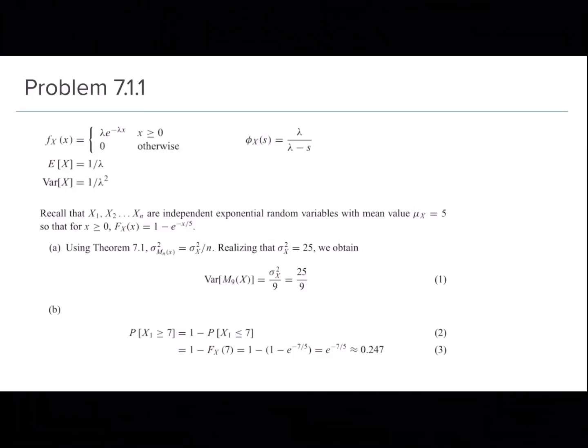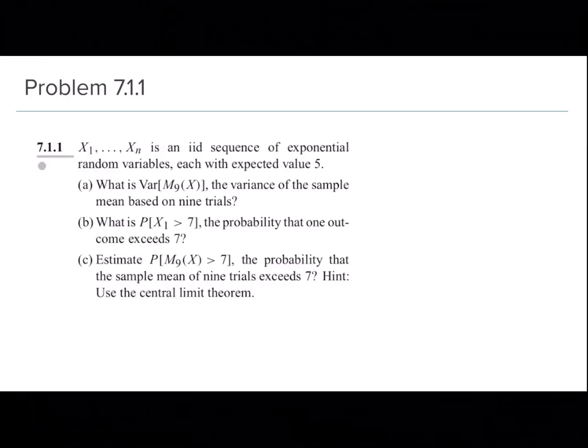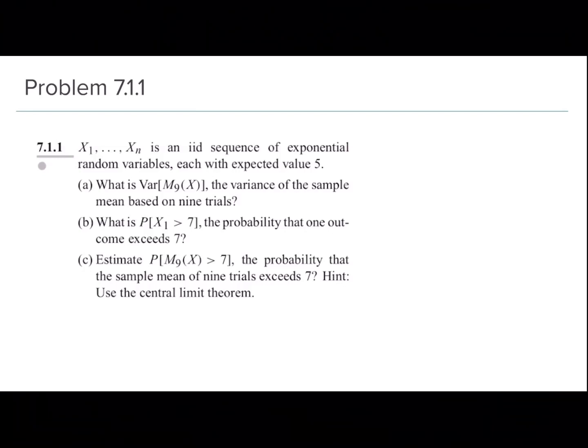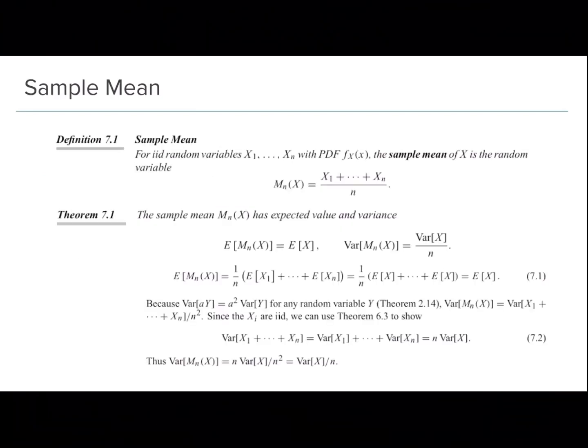For our problem, we know that the expected value is 5, so 1 over lambda is equal to 5, or lambda is equal to 1 over 5. Thus the variance will be 1 over lambda squared, which is 5 squared, equal to 25. For the first part, we have to find the variance of M9(X), the variance of the sample mean based on 9 trials.